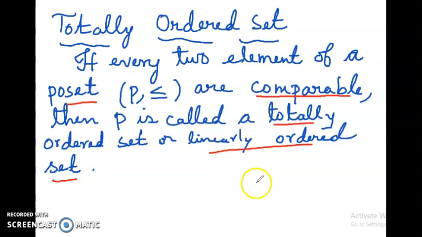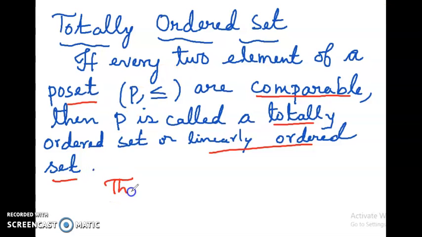Okay, comparable. So how will you compare? We can say 2 is less than 3, or 3 is greater than 2, or equal to, like that. So if any two elements are comparable, then we say it is a totally ordered set.